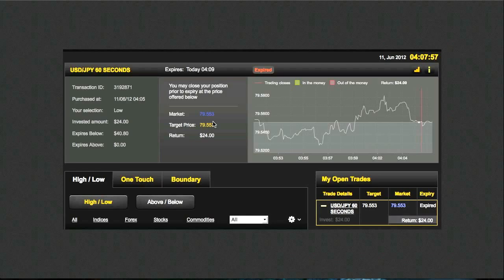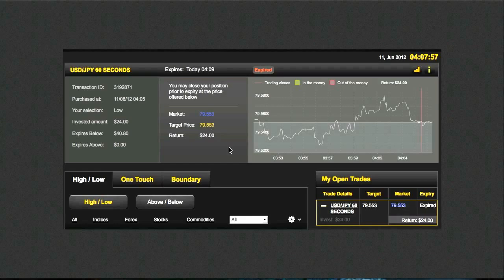For results, you either win your profit, which is whatever the payout is, or you lose your investment. But as it turns out, and I'm sure this was already confirmed for months, but it's the first time I've experienced it, you can have an at-the-money expiry. So basically when the market and your target price line up perfectly.